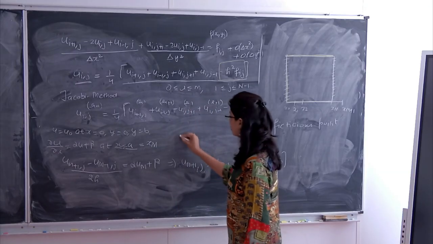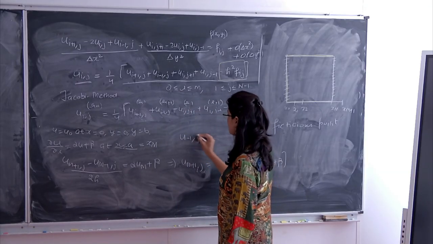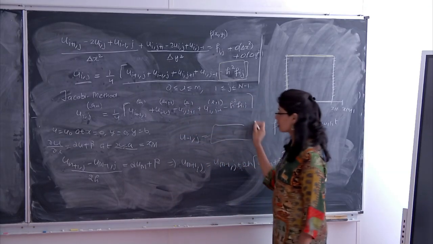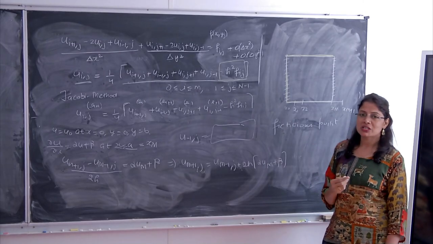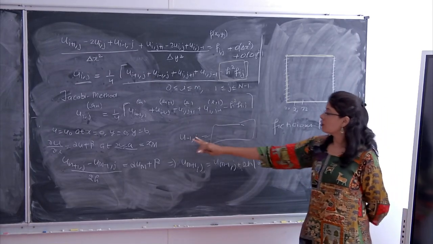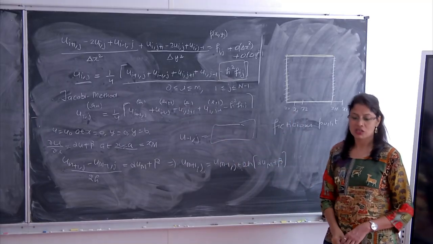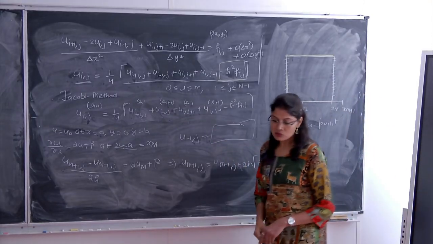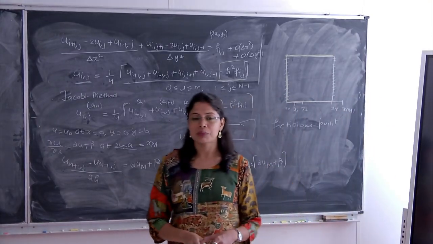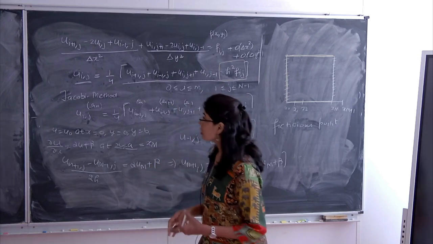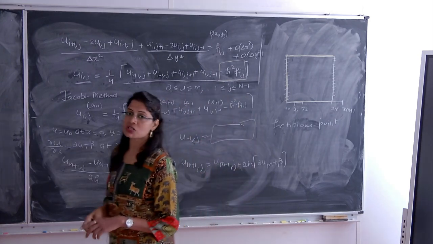I will get u minus 1, j in terms of the points that I already know. So, using that boundary condition, I will find this value, put it in the scheme, and we will get a system of equations. Okay, so this is all about elliptic equations, how to solve elliptic equations.